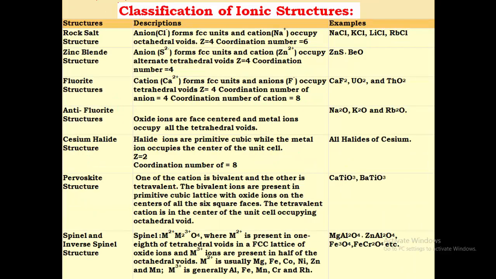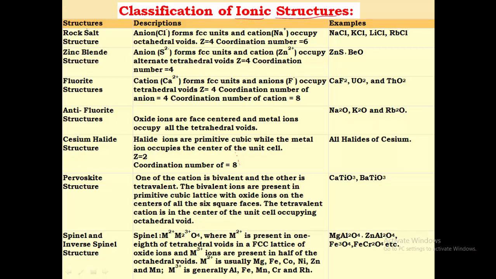Now, classification of ionic structures. How are they classified? Ionic structures means ionic crystals, where the constituent atoms are ions, and based upon their structure, different ionic crystals have different ionic structures.